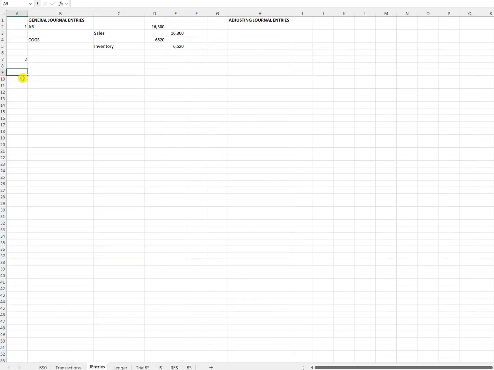So let's record number 4. We're going to pay our vendors, so we reduce our accounts payable. And we're going to pay cash, so we credit cash. But we're not going to pay the full amount in cash. We calculated our discount to be $458.